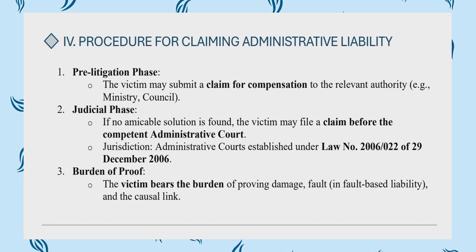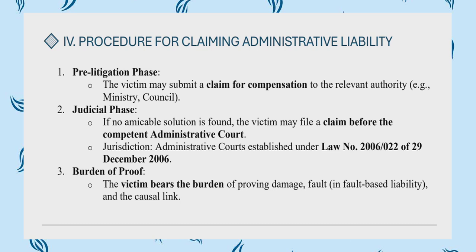When an action or omission of the administration has caused you harm, you have to first of all claim for compensation to the relevant authority, be it the minister or the council or the person that has caused you to go through that harm.